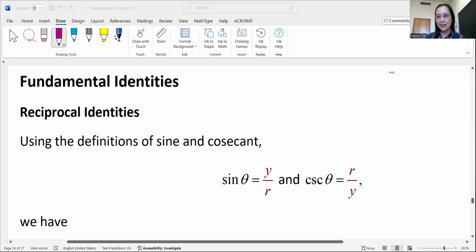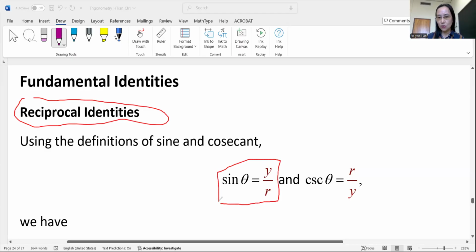Fundamental identities. First, I want you to just focus on the reciprocal identities. If you recall the definition of sine and cosecant, from definition we can observe that sine is y over r, cosecant is r over y.